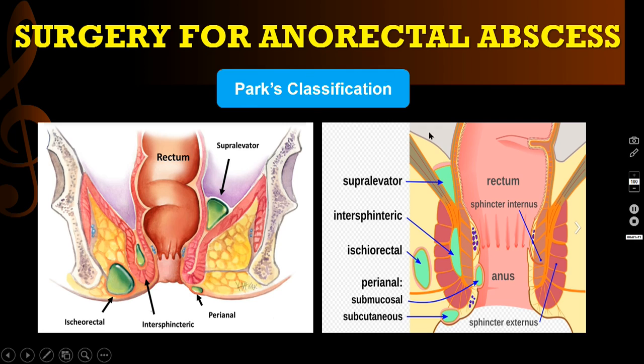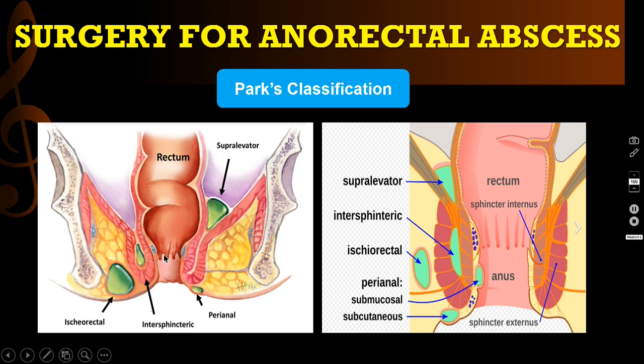So this is the classification for the perianal anorectal abscess. Here there are four types. Actually, the anorectal abscess at first forms in the intersphincteric space, where the perianal glands are, the ducts of which open at the dentate line inside.